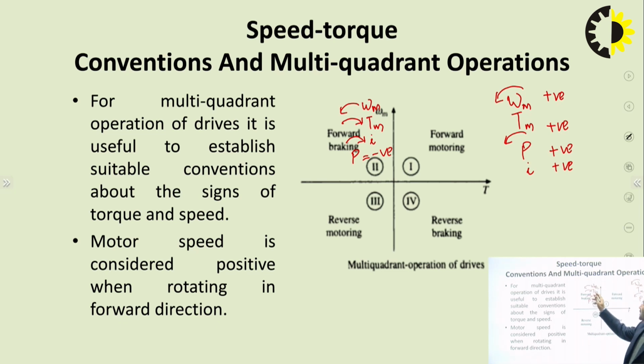When one of the direction of speed or torque is reversed, negative signs come here. Since power is negative, it means that power flow is from load to the source, and therefore current is also negative, because the direction of current is changing since power flow is taking place from load to the source.